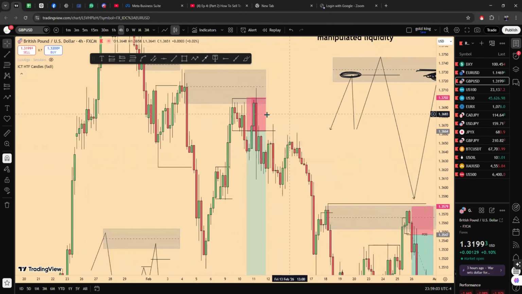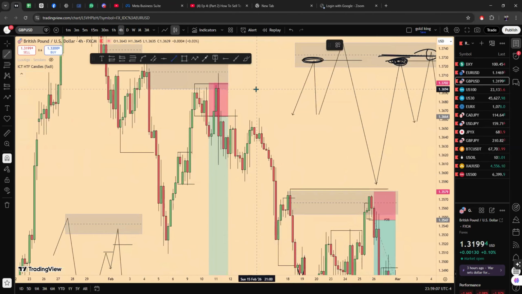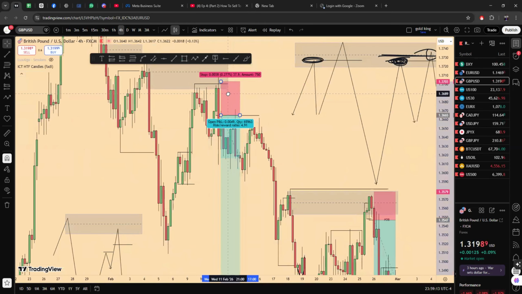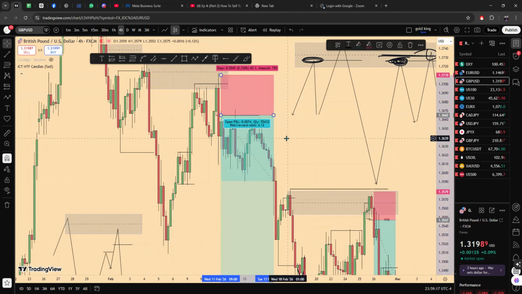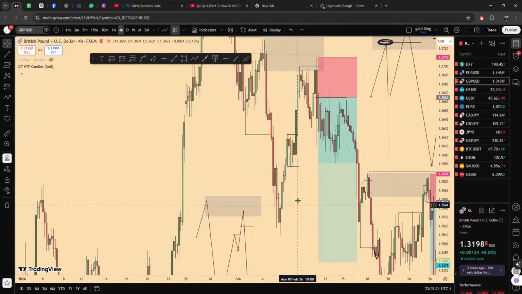Regardless, sometimes you're going to have these stop losses. It's very possible. And when you do, what you have to do next is be patient, and when price presents another opportunity, you find yourself in, and then you hold price.